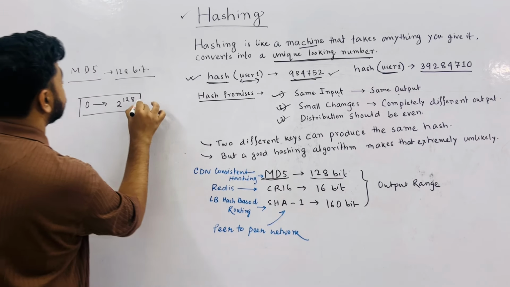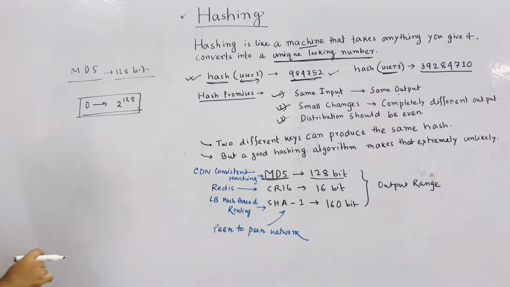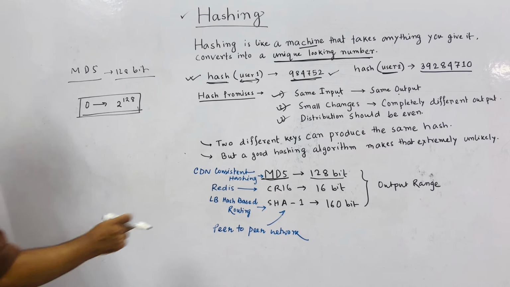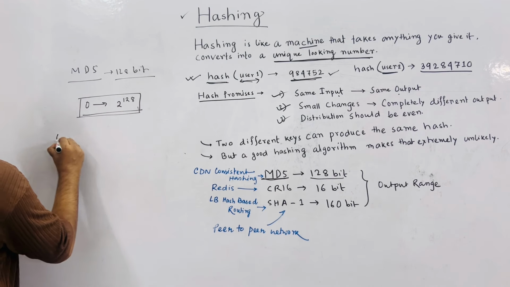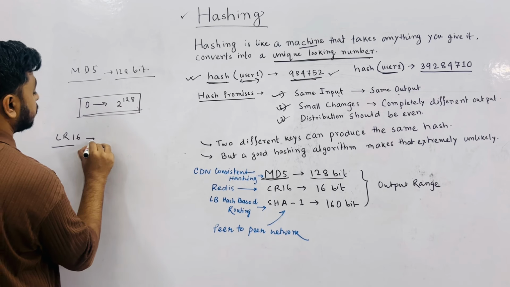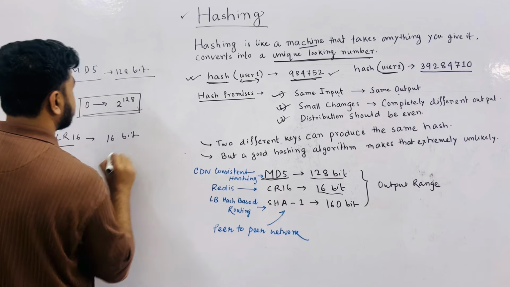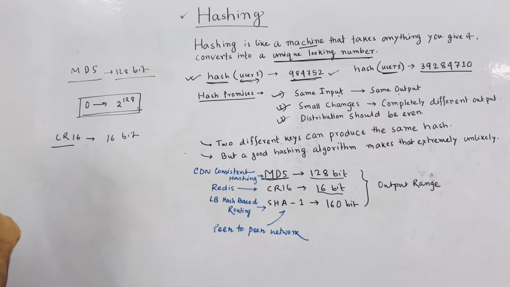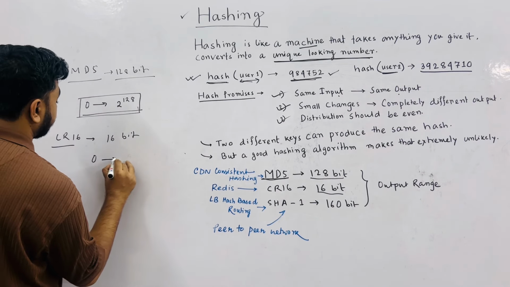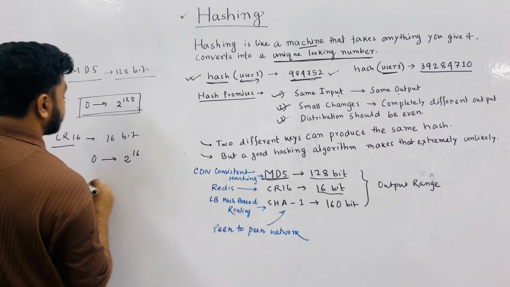In this range, a unique number will be generated if you use the MD5 algorithm. If you use the CRC16 algorithm, it works with only 16 bits. That means this algorithm will generate a number from 0 to 2 to the power 16.